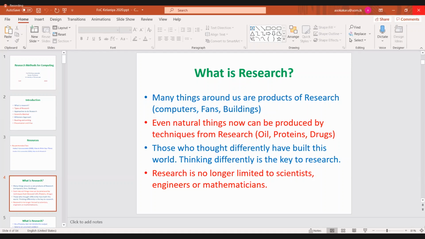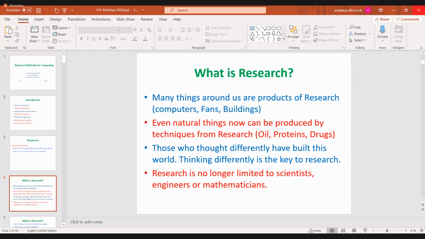Many drugs are produced by research. People discover drugs and produce them. Many perfumes today are not coming from nature as a smell from a flower or some other thing. These are artificially synthesized. Researchers have developed those.